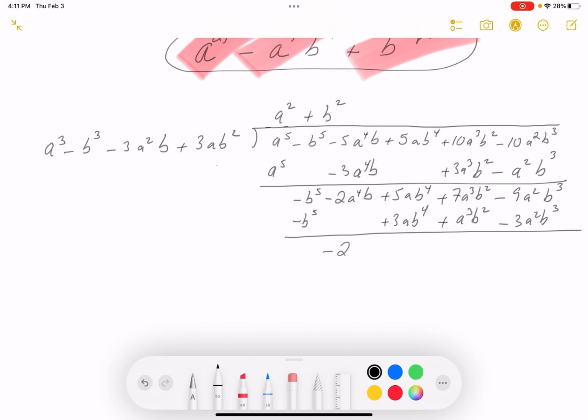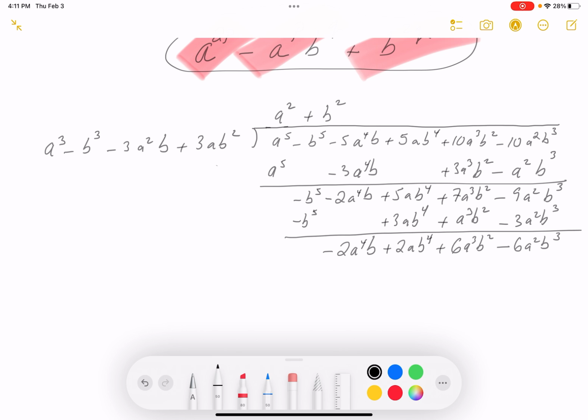Minus 2a to the fourth b. And then you're going to get plus 2ab to the fourth plus 6a cubed b squared minus 6a squared b cubed.